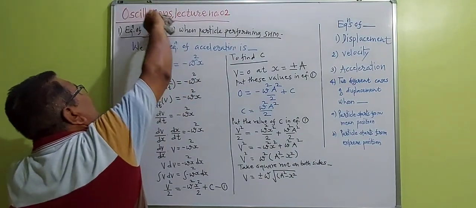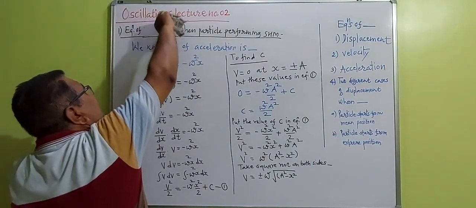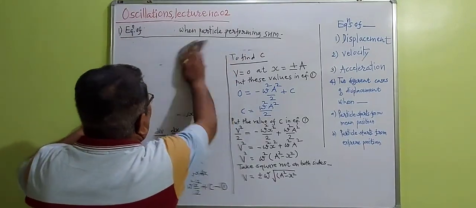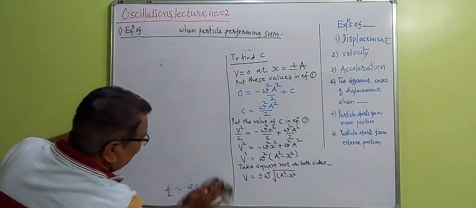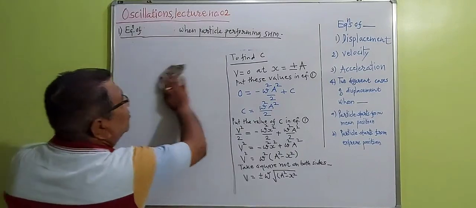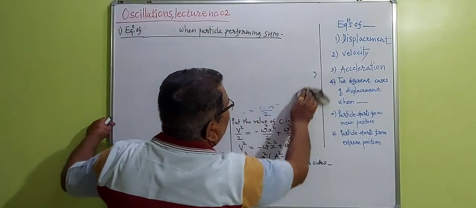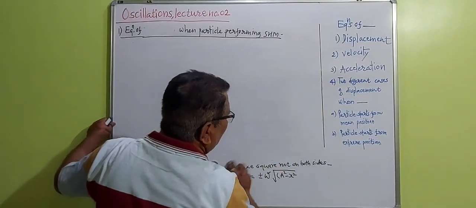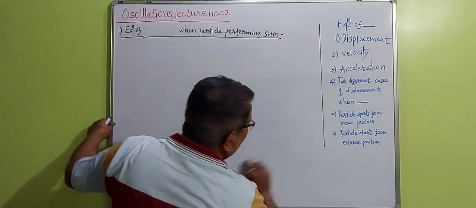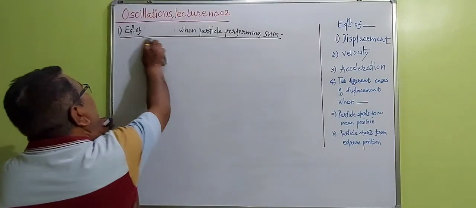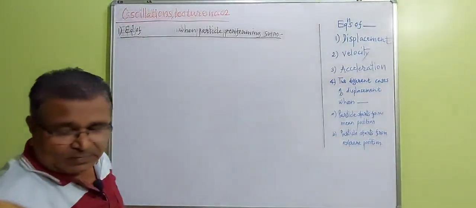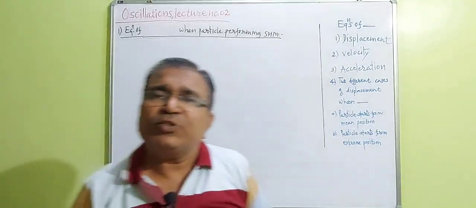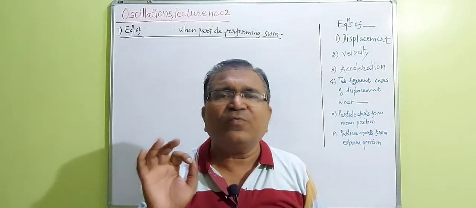Equation of displacement. We have to find the equation of displacement when particle is performing SHM. Remember well, dear student, while deriving the formula of displacement, we should know the equation of velocity.